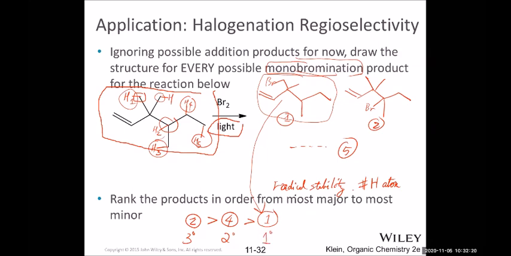And so 2, 4, 1, and then we have 2 more: positions 3 and 5. These 2 both are a methyl group. I think these 2 reactivities should be similar. It's going to be very difficult to compare between 3 and 5.